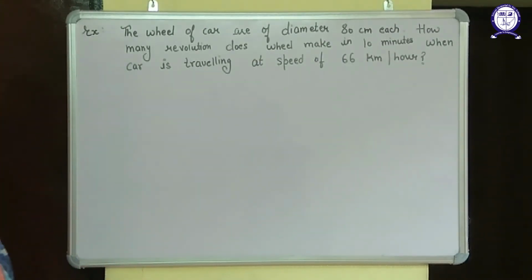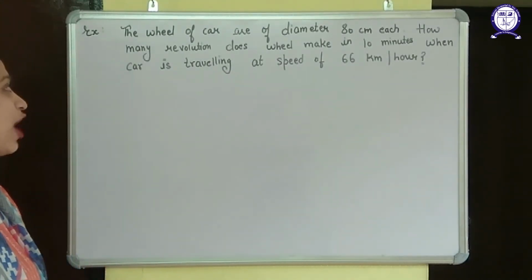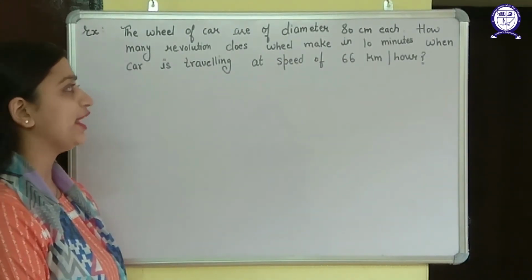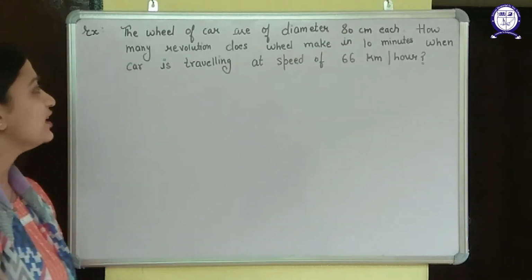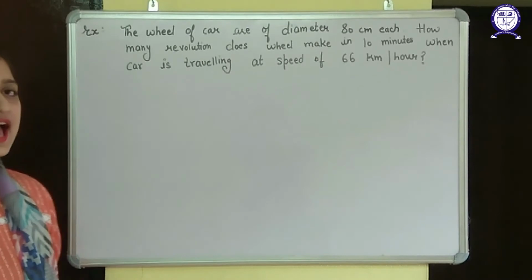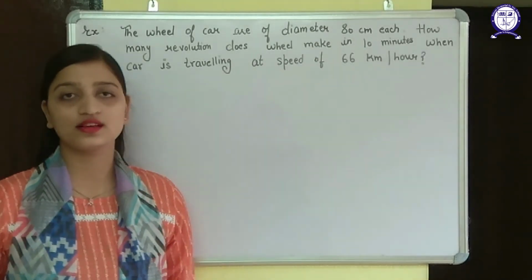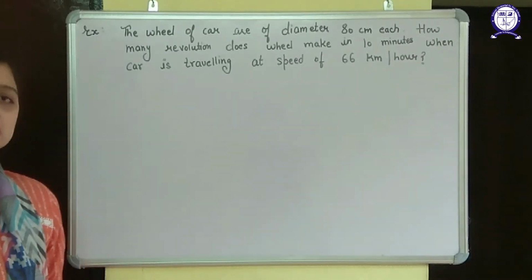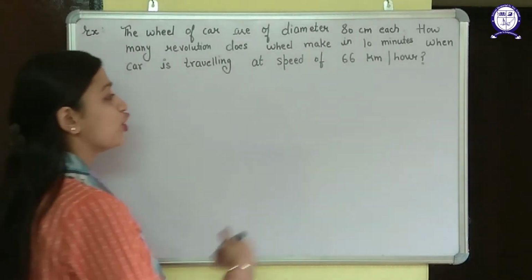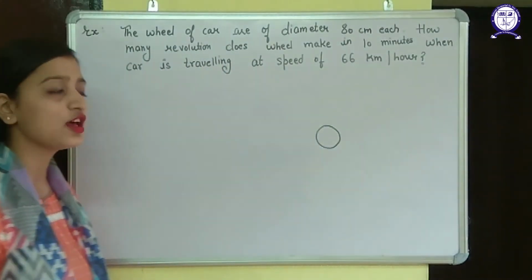The wheels of a car are of diameter 80 cm each. How many revolutions does a wheel make in 10 minutes when the car is traveling at a speed of 66 km per hour? It says that there is a car. Okay. Now what is the shape of the wheels of the car? It will be a circular shape. Okay. So there is a car which has these circular wheels. Okay.